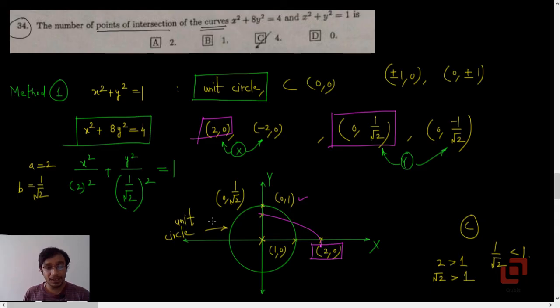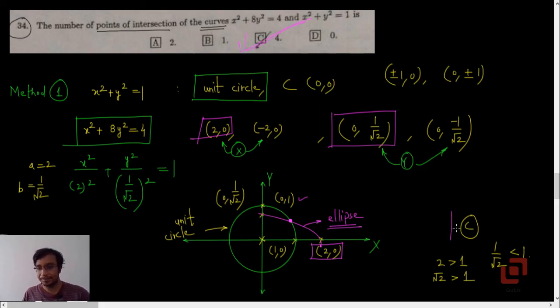So if we now draw this particular portion of the ellipse in the first quadrant, we will find that it intersects the circle once, and this is the point of intersection, and corresponding to each quadrant there will be one such point of intersection. So the total number of points is 4.